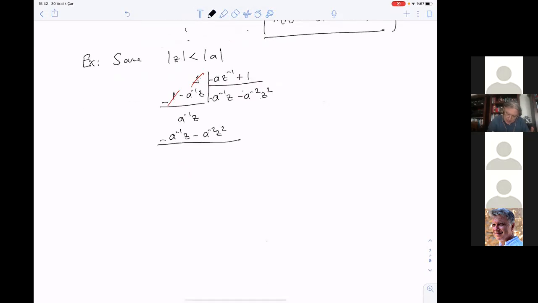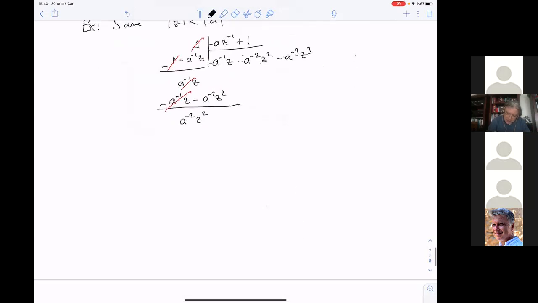And I subtract it. And in the subtraction again, we are seeking a cancellation of the first terms. And therefore, I have a to the minus 2 z squared. So I have to multiply it by a to the minus 3 z cubed.